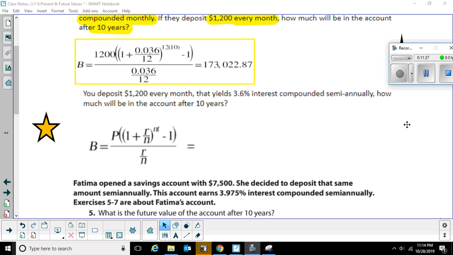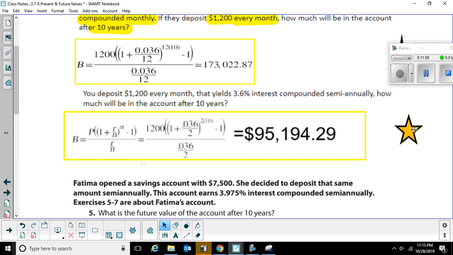Actually, this is very similar to the problem we just had in that the principal is the same, the rate's the same, the number of years is the same. The only difference is that this is semi-annually and that was compounded monthly. So this number here, down here and here, will be different, which should reflect 2.